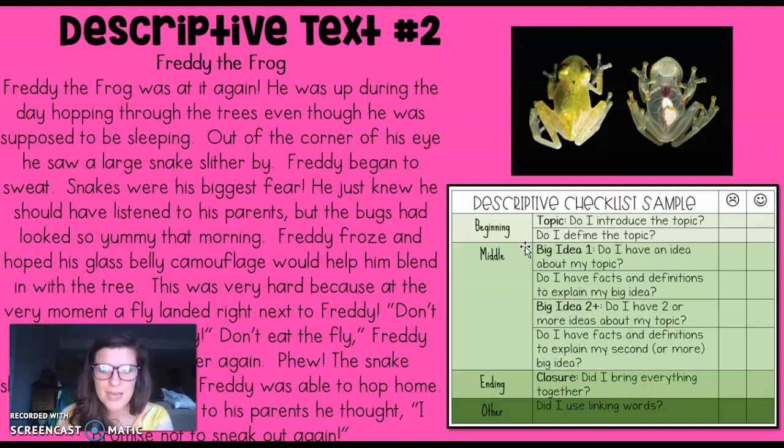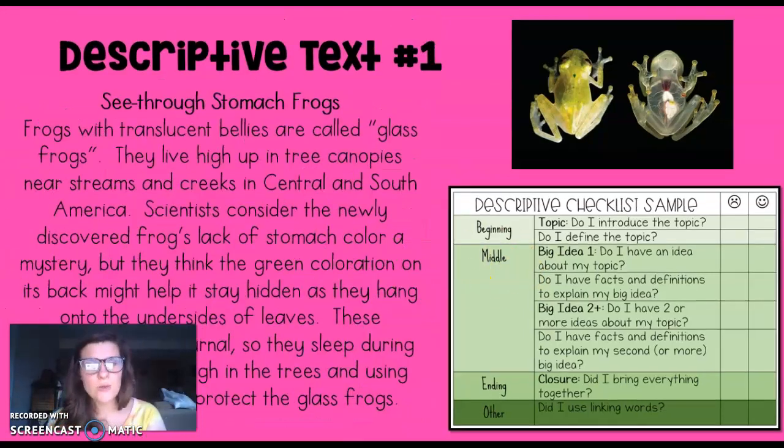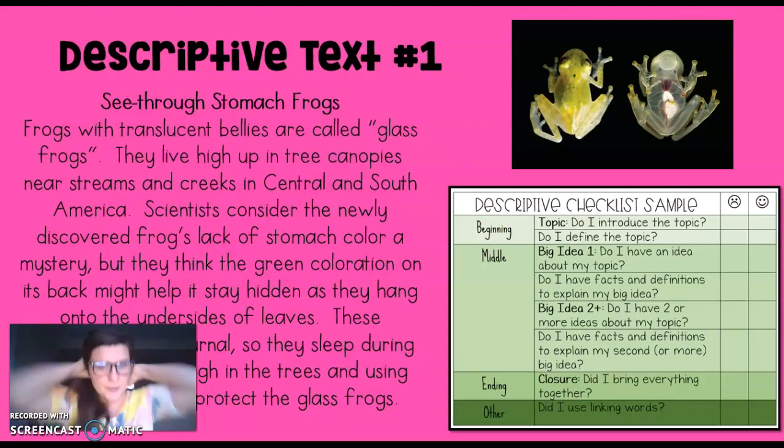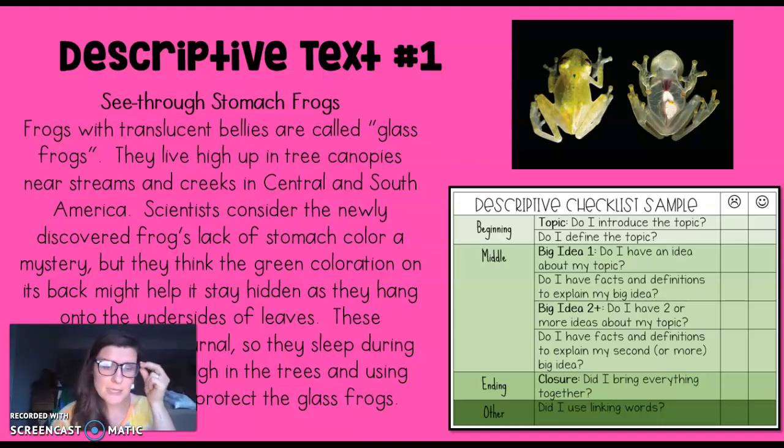At the end, you have to have a closure to bring everything together and using linking words. So descriptive text number 1 was actually our descriptive text. It just needed some linking words to make it even better. All right, so no silly, creative, awesome stories. Those have a different place in 2nd grade. This week, just descriptive text with topics, definitions, facts, and conclusions with linking words.